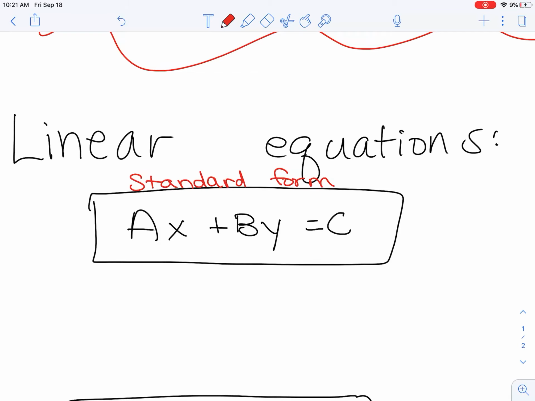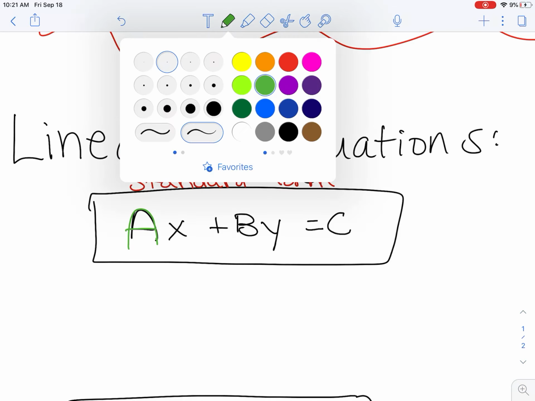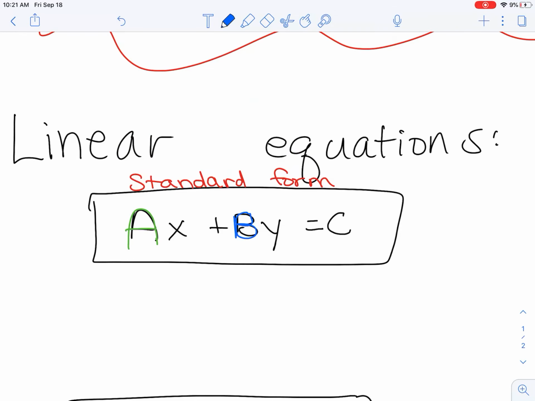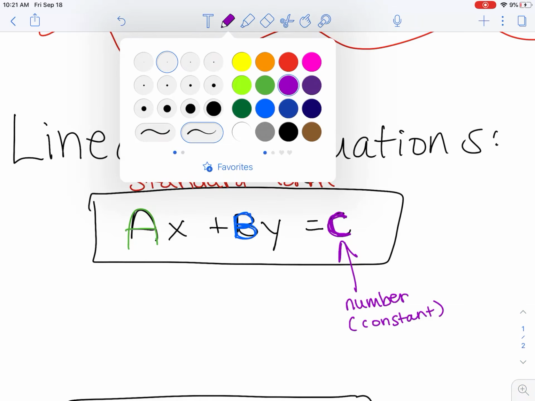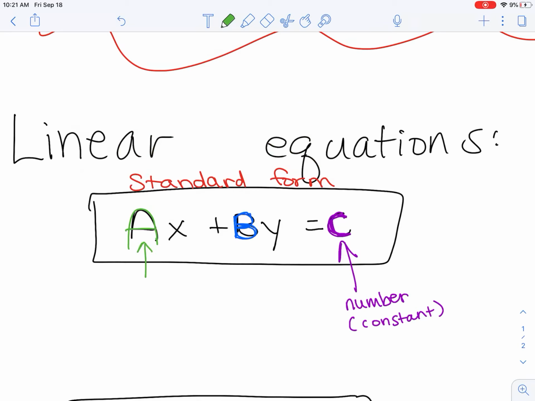We say that this is ax plus by plus c, where c always stands for some sort of number, which we call a constant because it doesn't change. And this letter A in front of the x is called the A coefficient, because a number in front of a variable is called a coefficient because it's being multiplied. B is also a coefficient.